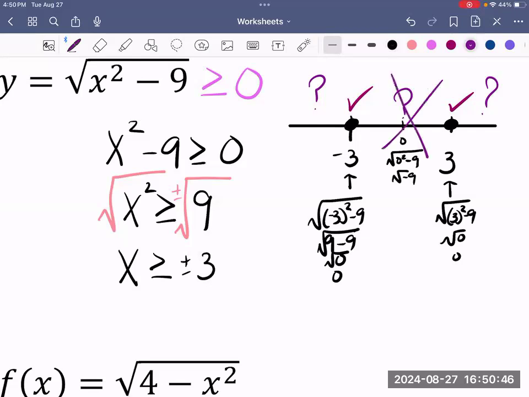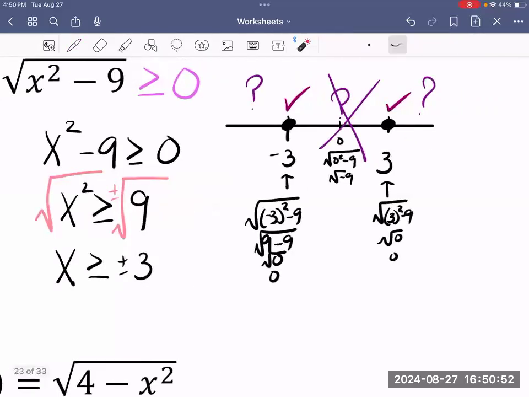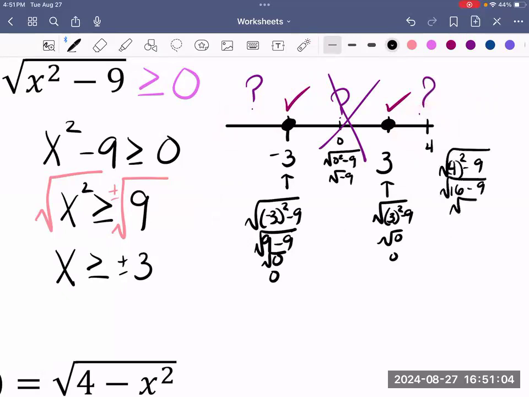So this part of it, the in-between portion, is not okay, which perhaps means that the outside portions will be. So let's go ahead and test. So let's do 4. 4 squared minus 9, which is 16 minus 9, which is 7. So 7 being positive, that's okay.